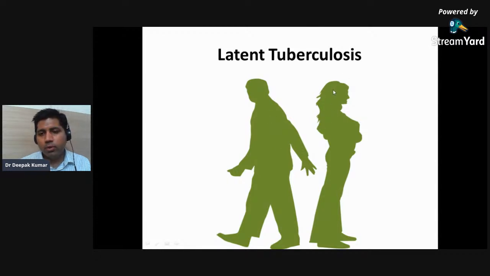The agent must be thinking something about the host, and there is a constant activity that may not be apparent, but is happening between the agent and the host. That is called latent tuberculosis. Though literature now mentions that instead of latent, we can replace the term with persistent tuberculosis. So we are slowly building the phases: primary tuberculosis, primary progressive tuberculosis, or latent tuberculosis.